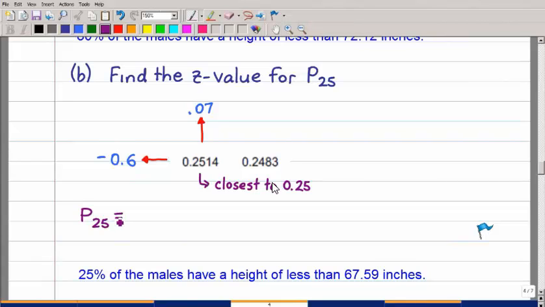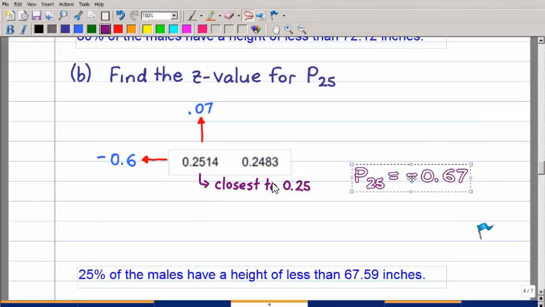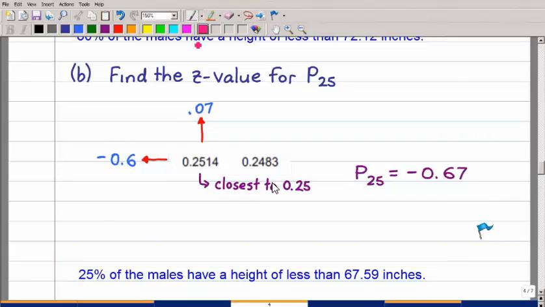All right. Now I can write this out as x equals 69.6 plus my z of negative 0.67 times the standard deviation of 3.